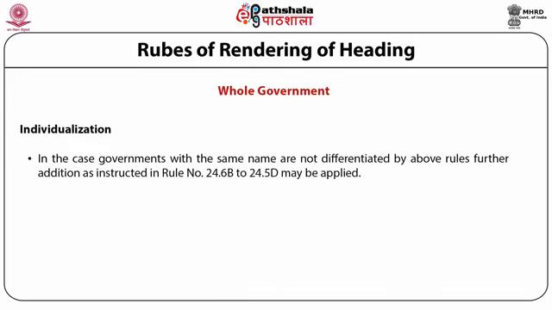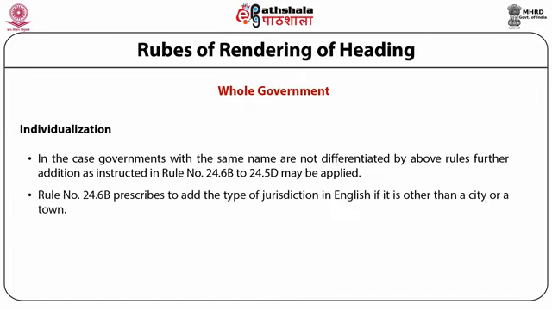In the case of governments with the same name not differentiated by the above rules, further addition as instructed in rule number 24.6B to 24.6D may be applied. Rule number 24.6B prescribes to add the type of jurisdiction in English if it is other than a city or a town.